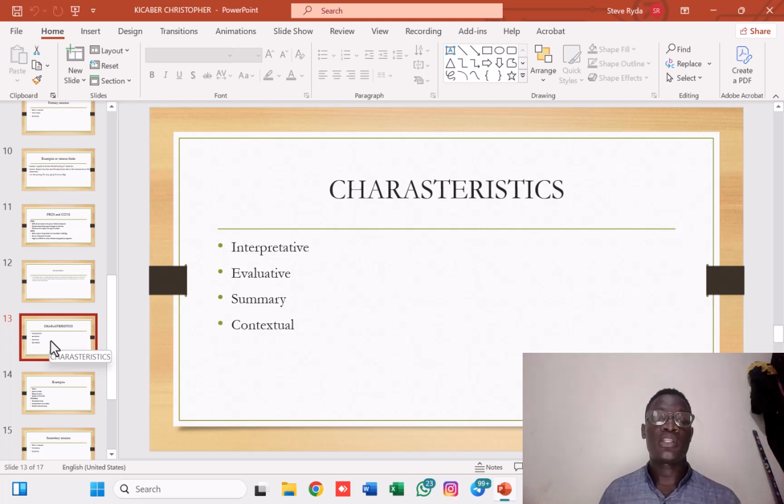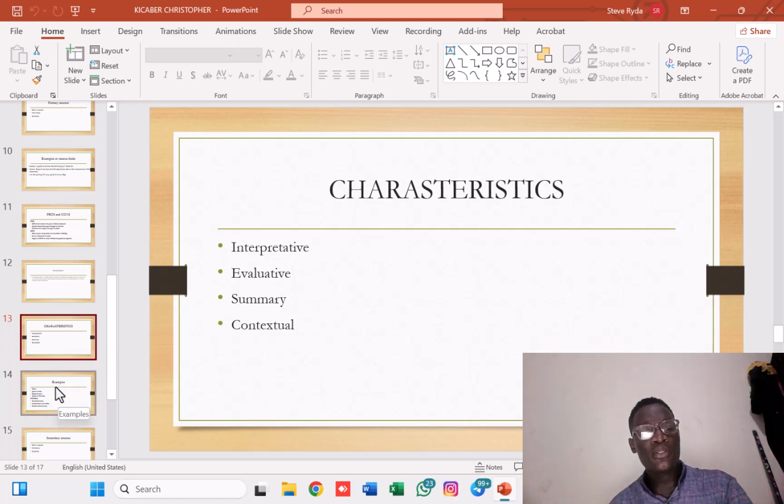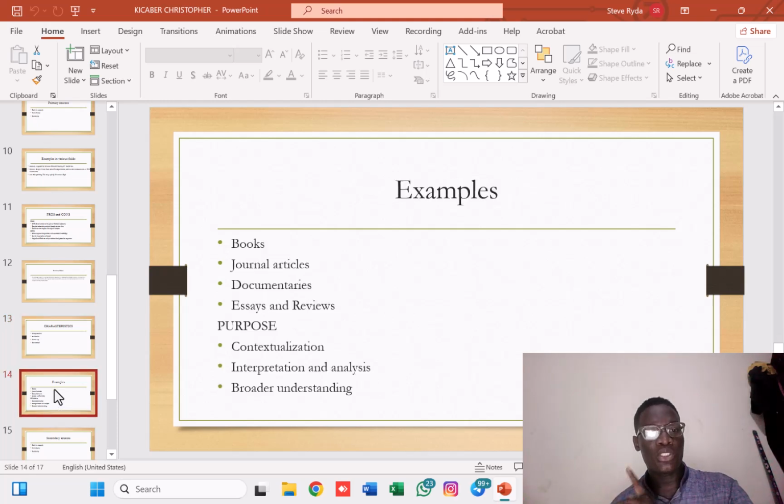And then the summary, summarizing into simpler content that's understandable by those who use the information after. We have the contextual, which usually simplifies things a lot.